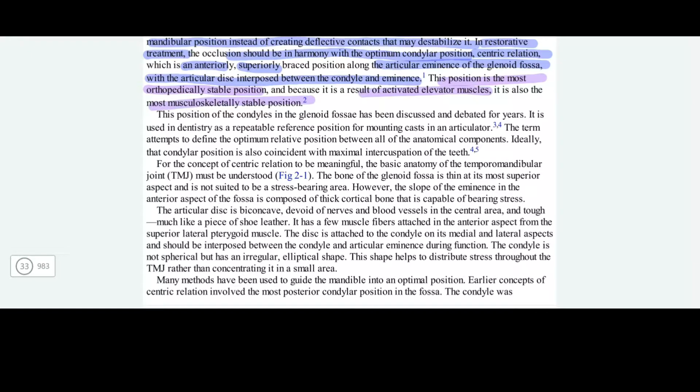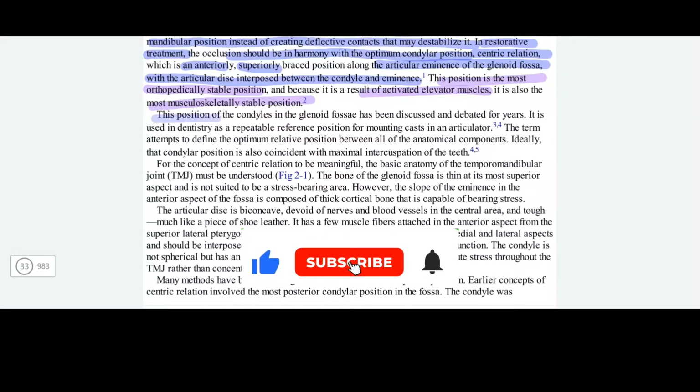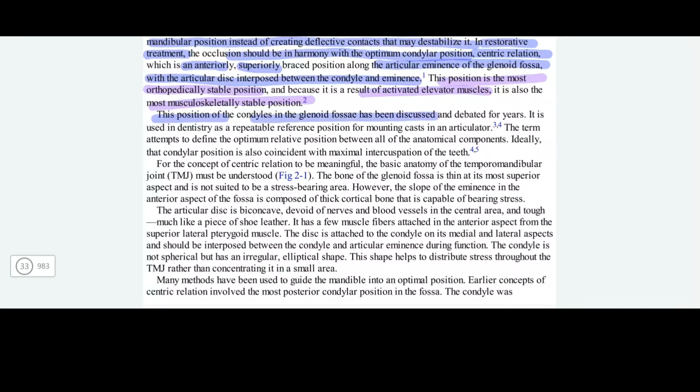This position of the condyles in the glenoid fossa has been discussed and debated for years.